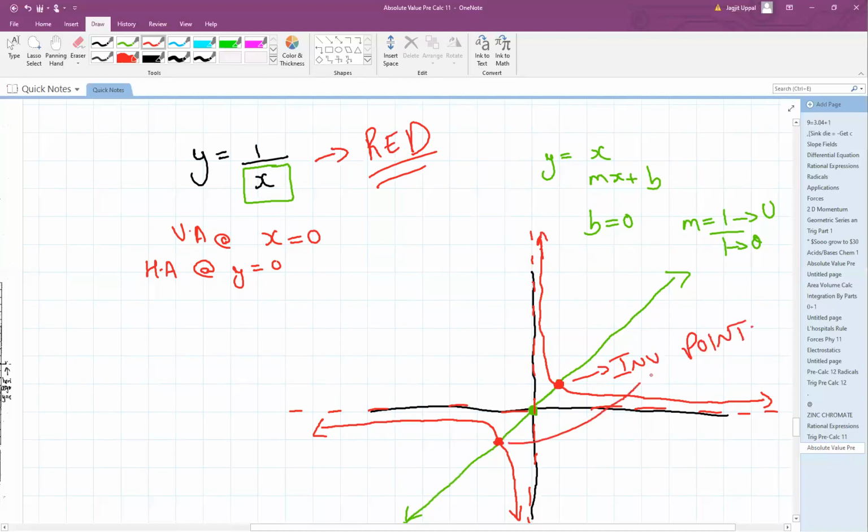So this point and that point, these are your invariant points, meaning these 2 points do not change. For what y values are you going to get invariant points? If you want to find your invariant points, all you do is you make your y equal to 1. If your y is 1, what's the reciprocal of 1 going to be?